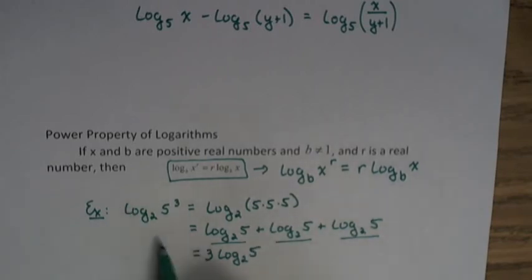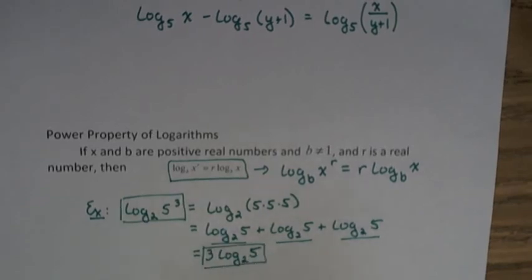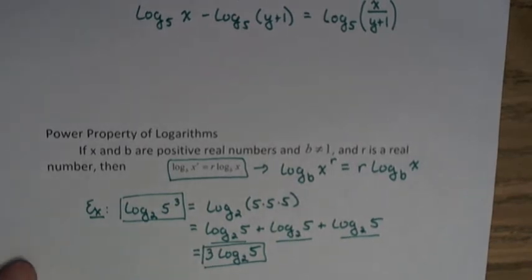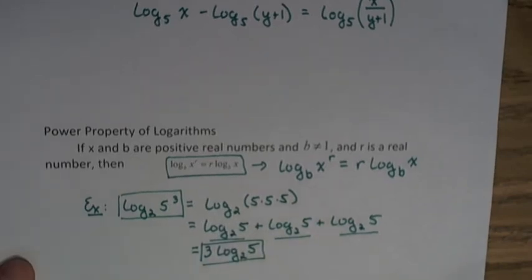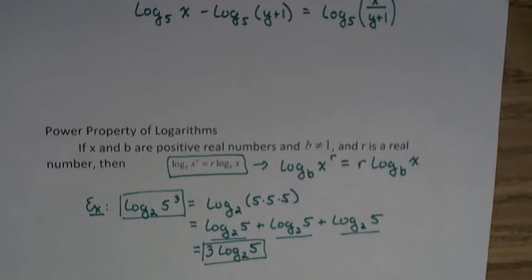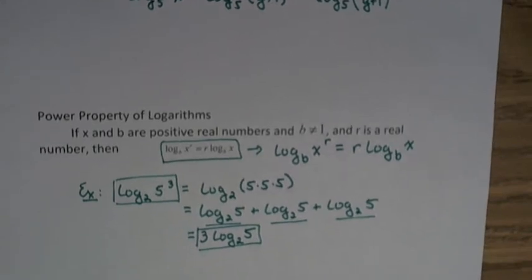And so notice by using the product property, I was able to rewrite log base 2 of 5 cubed as 3 log base 2 of 5. So there's a way we can use one of the properties to show that this property will in fact always work. Now let's apply that to a couple of different examples that we might have.